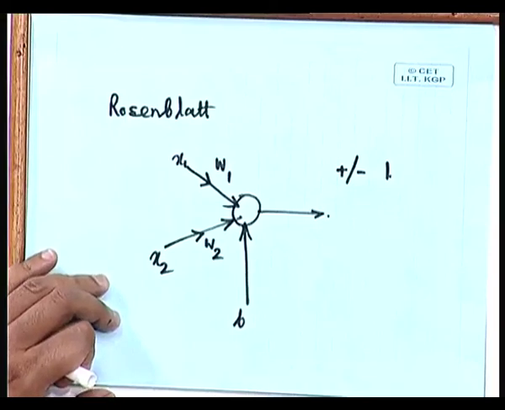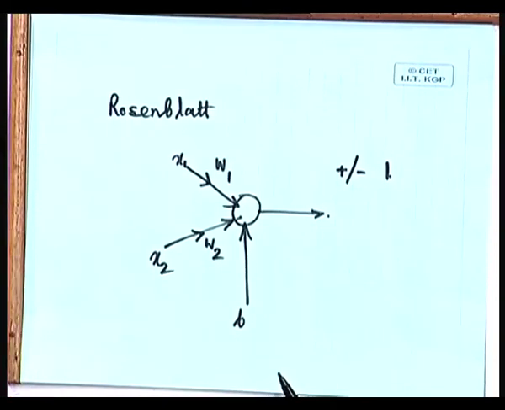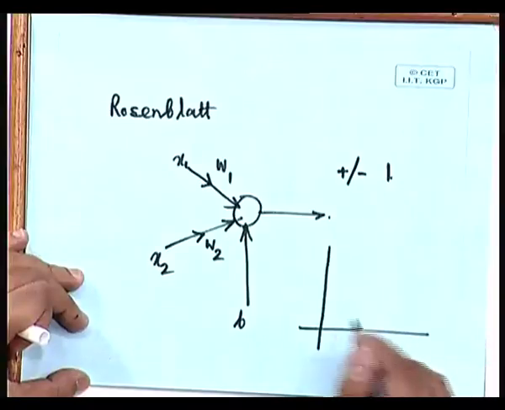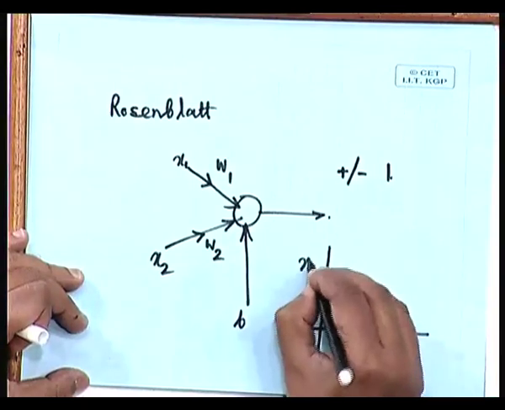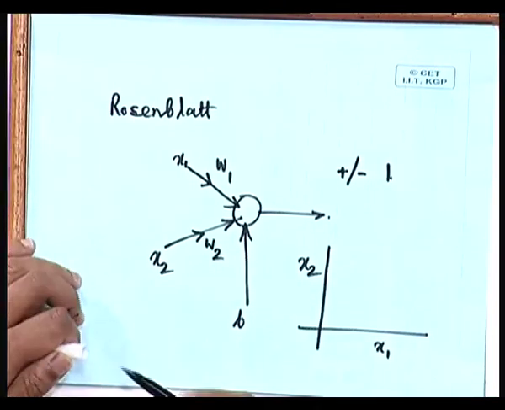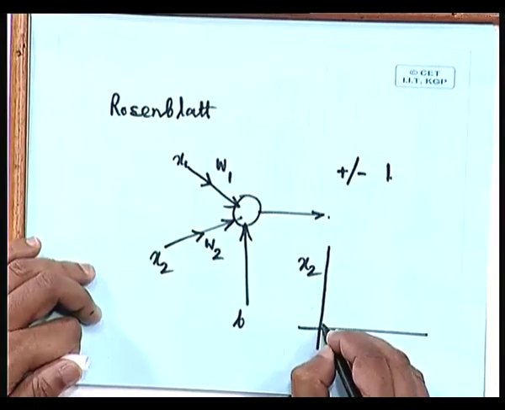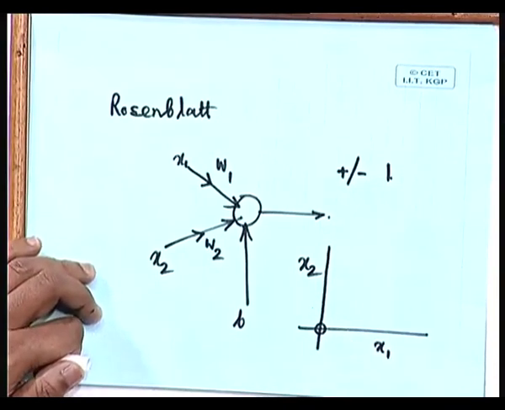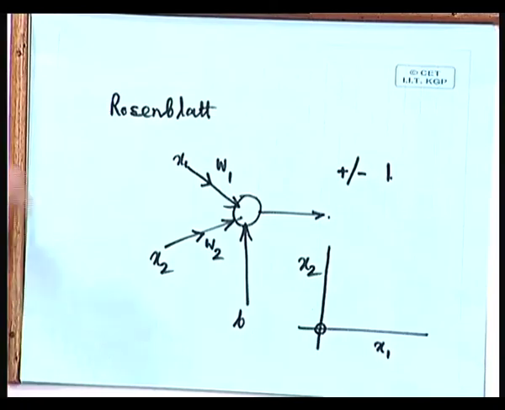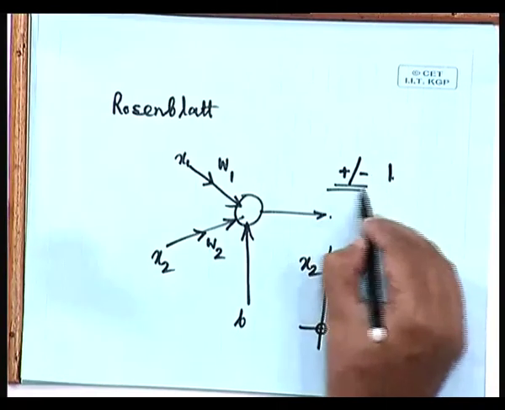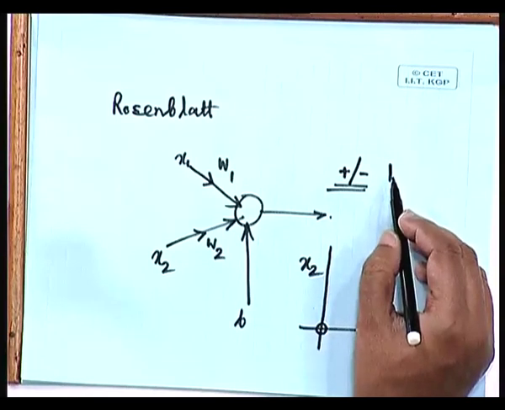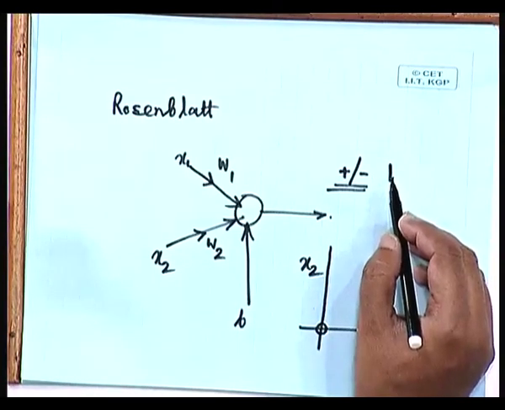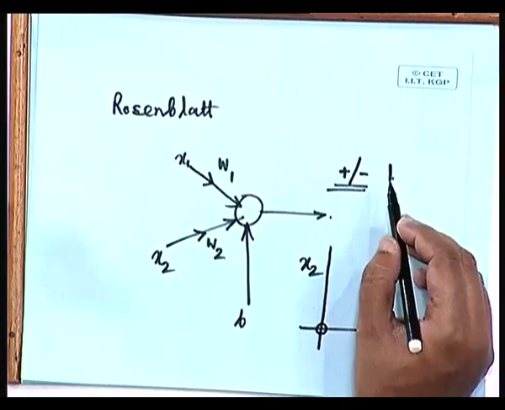Now, let us consider some very small examples. Let us say that we are going to realize an AND gate out of it. AND gate means that in a two dimensional space, x1 here, x2 here, when x1 and x2 both are going to be 0, then the output will be equal to 0, or if we take the activations to be +1 and -1, then it should lead to -1.